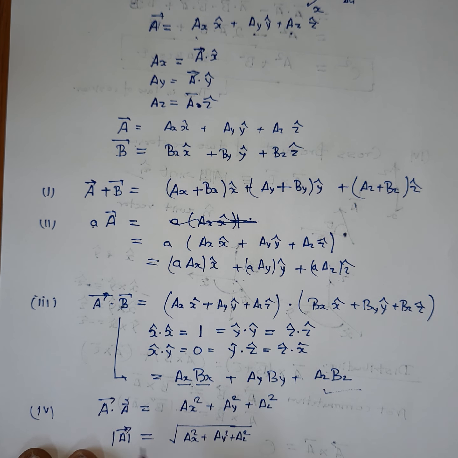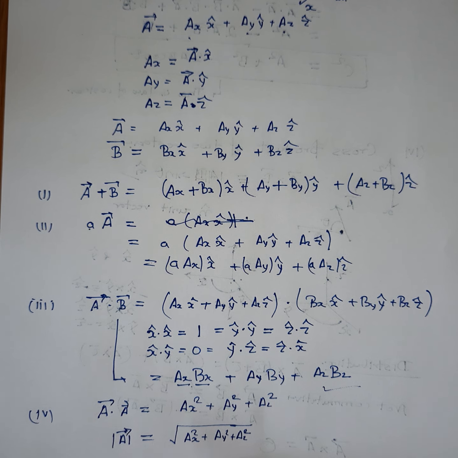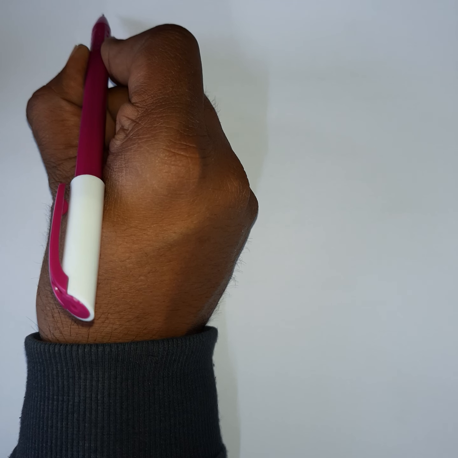So in general, if you want to take the magnitude of any vector, you have to take the square of its components along the x-axis, y-axis, z-axis, then add them, and then finally take the square root.